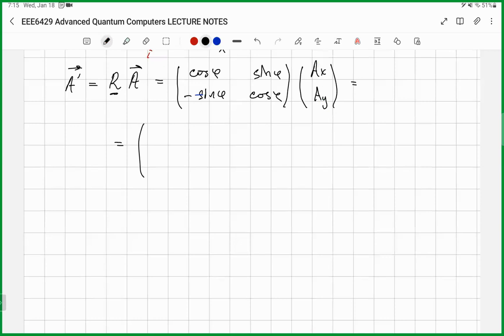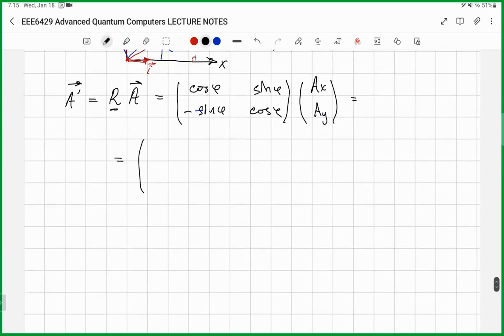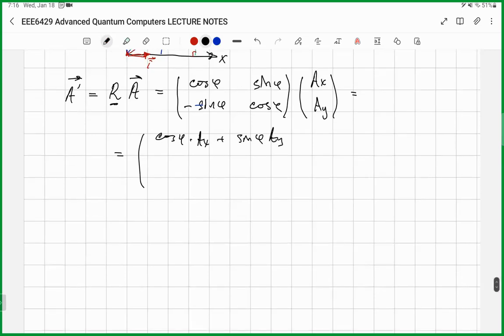It will be a vector with components cosine phi times ax plus sine phi times ay, right? And then the second component is minus sine phi ax plus cosine phi ay.